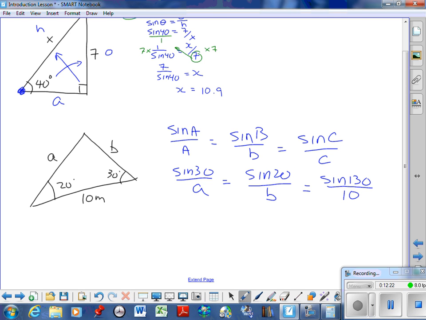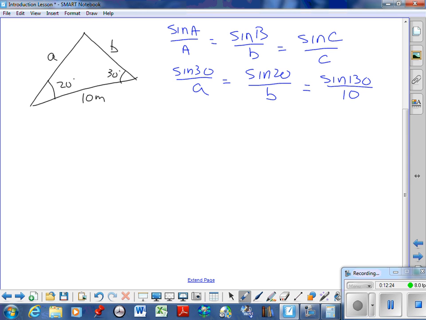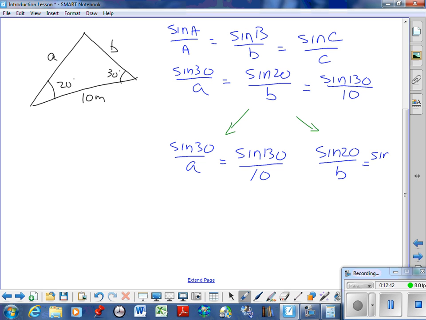So I have one fraction that contains all the information. Break this into two parts. So I end up with sine 30 over A equals sine 130 over 10. The other one will be sine 20 over B equals sine 130 over 10.